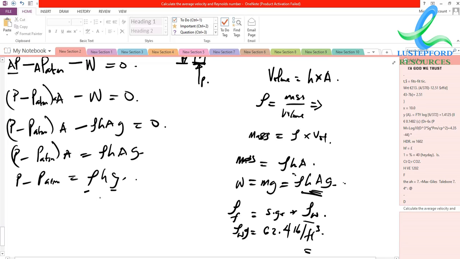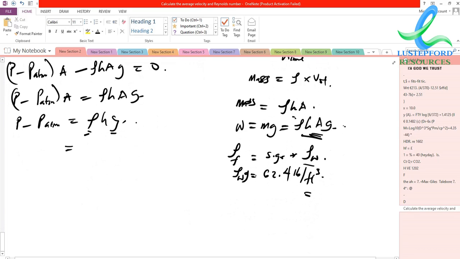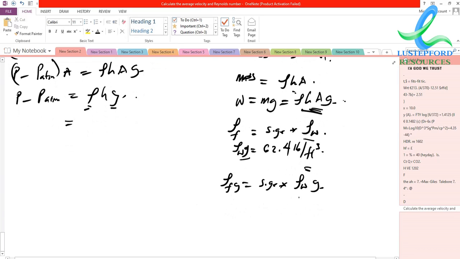So that means the density of the fluid now will not be from here. The density of the fluid will now be specific gravity times the density of water, with G here. Now let me just complete it. G here is acceleration due to gravity.